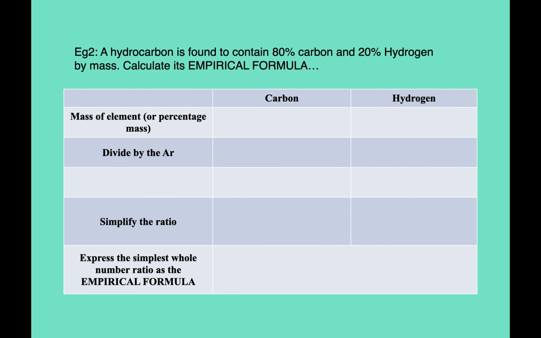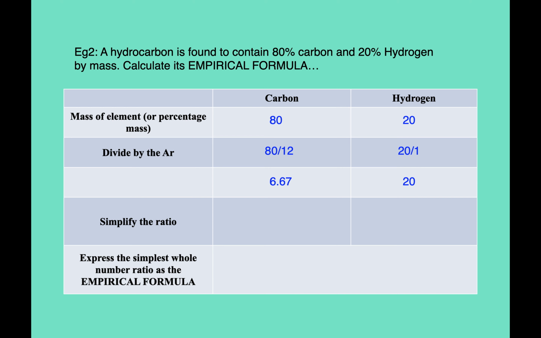Here's another example using percentages, but we can do it exactly the same way. By using percentages, all we do is express the percentages as if they were a mass. So 80 and 20. Divide by the relative atomic mass: divided by 12 for carbon, divided by 1 for hydrogen, and we get those numbers.